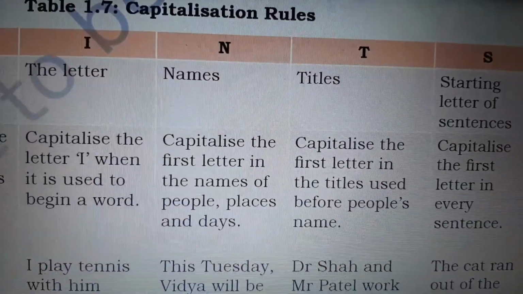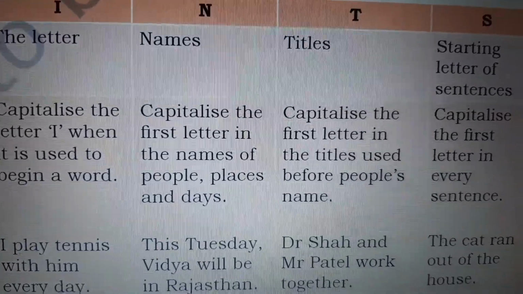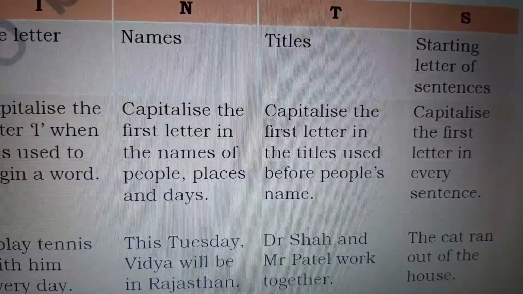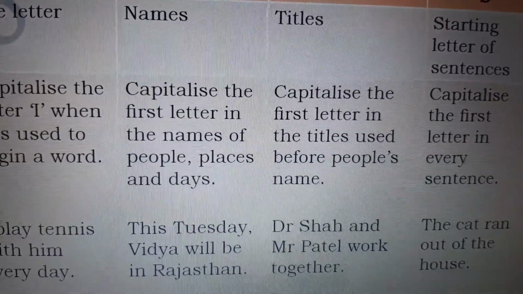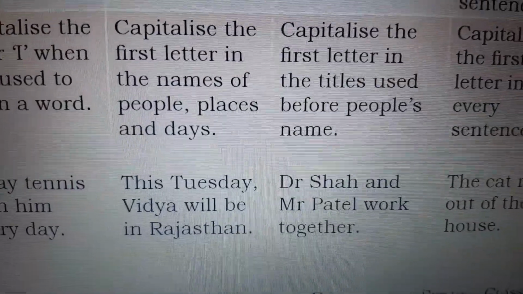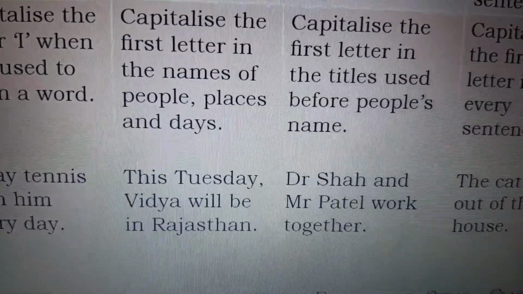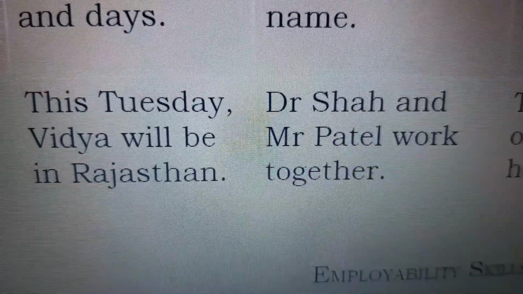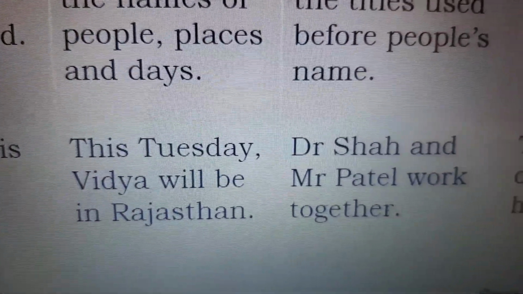Next is T. T is titles. You have to capitalize the titles of books, movies, and titles used before a person's name. For example, Dr. Shah and Mr. Patel work together. You can see Dr., D and Mr., M is capital, right?